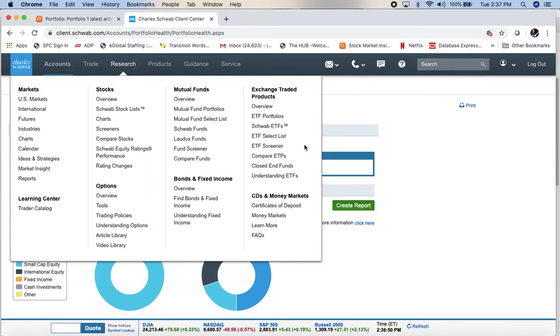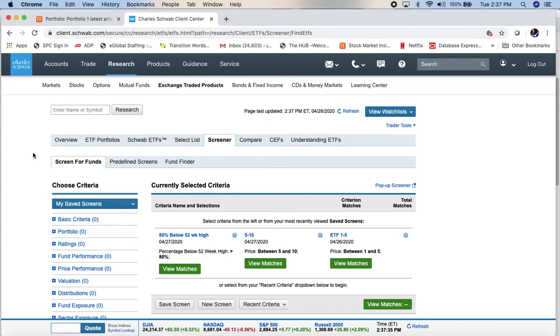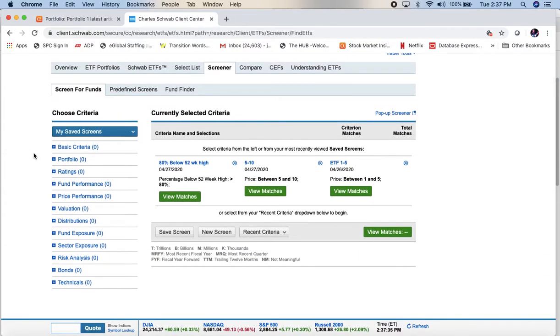Anyhow, I'm going to use the ETF, Exchange Traded Funds Screener. They've got different filters for ways that you can screen and look at performance.